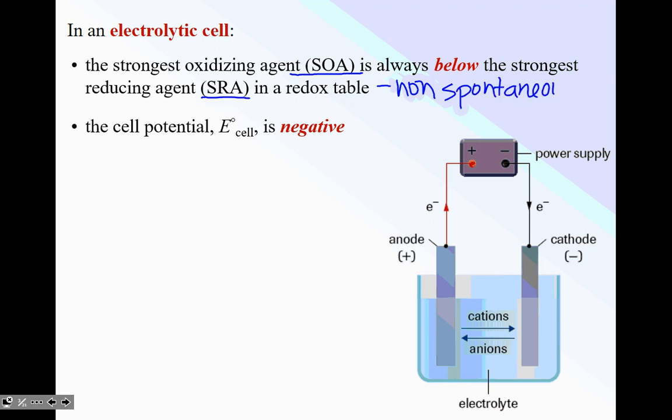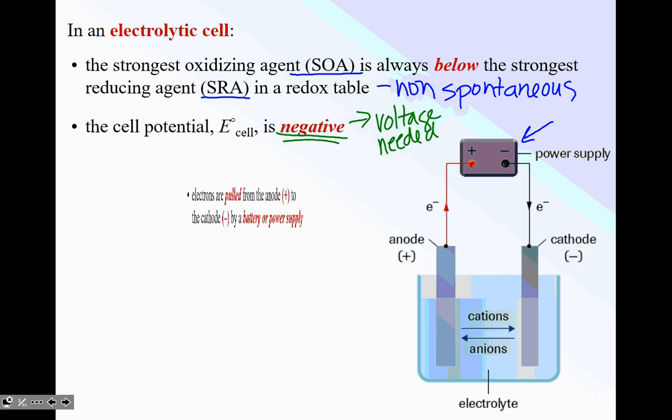And that is why if we include a power supply, then we're actually forcing the reaction to happen. The cell potential is negative, right? And it's negative because in this case, it's the voltage needed for the reaction to occur, whereas in a voltaic cell, it's the voltage produced. That's why it's a positive number.